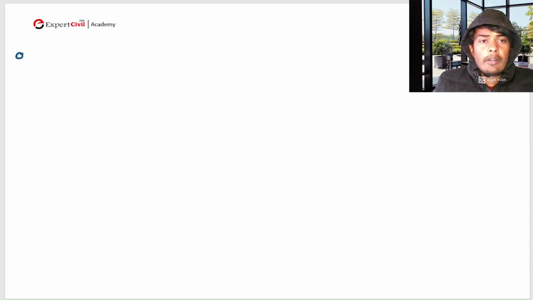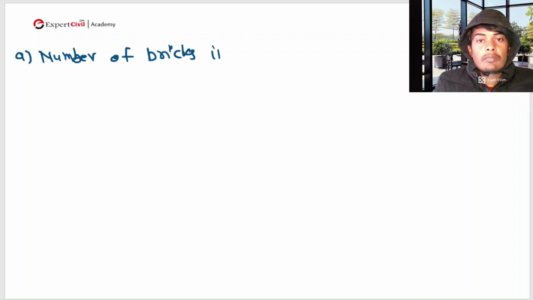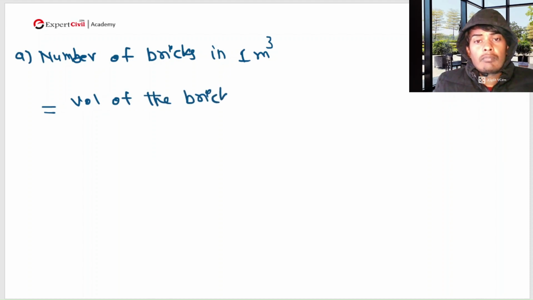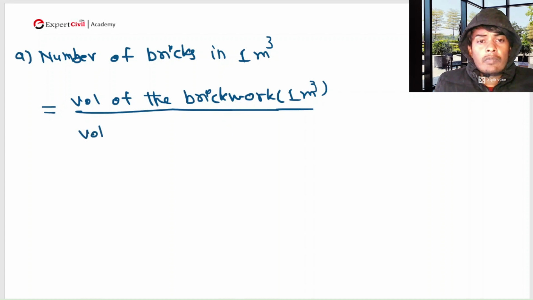So now in part A we will find the number of bricks in 1 meter cube. So this is the volume of the brickwork, which in our case is 1 meter cube, divided by the volume of one brick.